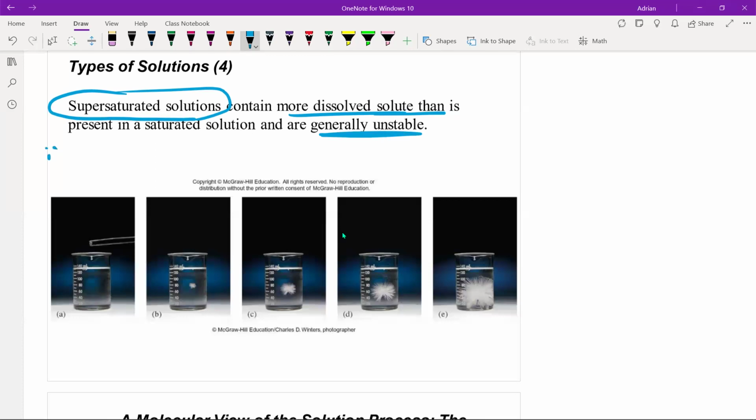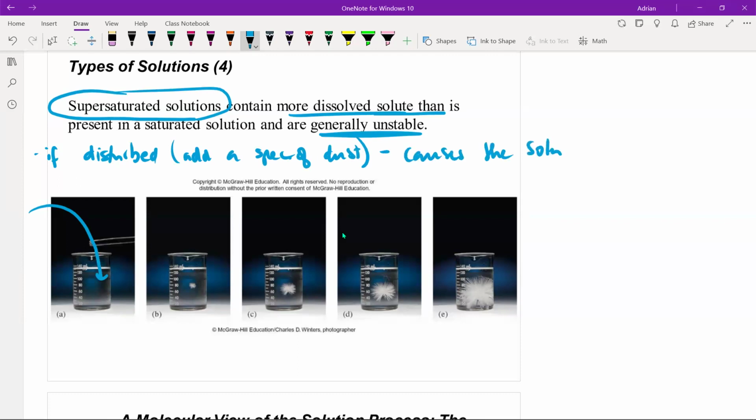If disturbed, so for example, if you have this supersaturated solution, where we can adjust the conditions such that it actually has more than the maximum amount of solute in there, and we disturb it simply by adding maybe a speck of dust or just a particle of something, it causes the solute to precipitate out of the solution.